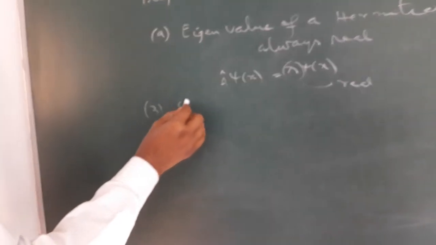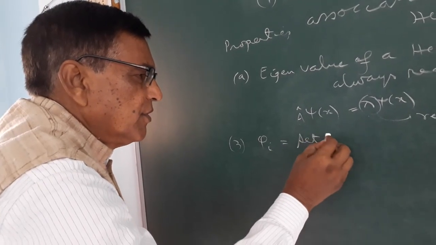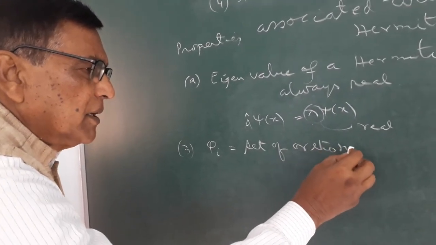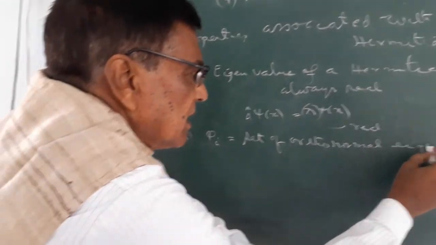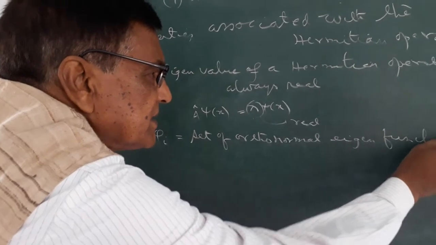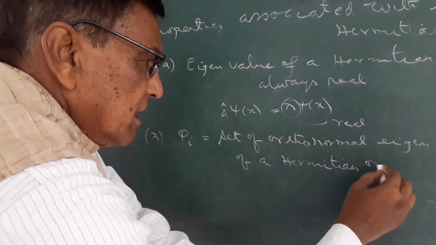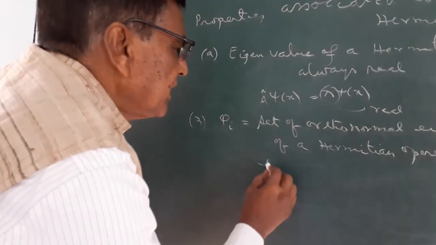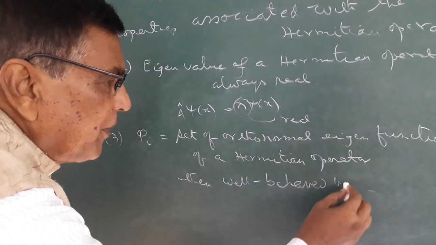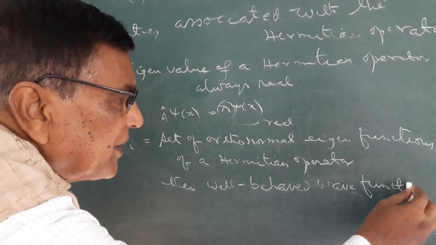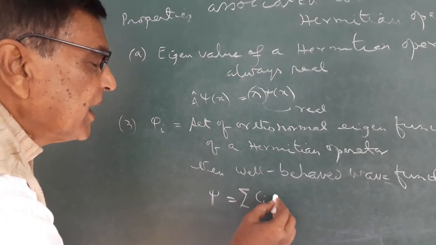And the third one: if phi i represents a set of orthonormal eigenfunctions of a Hermitian operator, orthonormal meaning orthogonal and normalized, then any well-behaved wave function with the same boundary conditions, psi, can be expressed as the summation of Ci phi i.